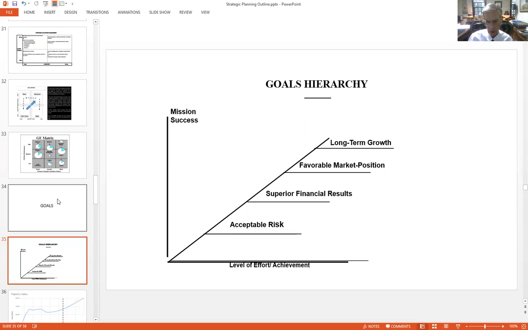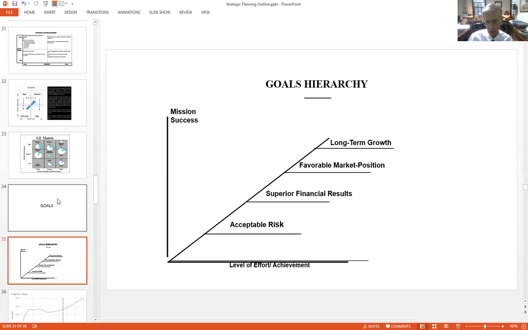If your risk is acceptable, the next level to place high priority on is gaining superior financial results. Does that mean you forget about your competitive position or trying to get favorable market position? No, it doesn't. But this does say that your highest priority, if your financial results aren't very good yet, is to get them good, because if you don't have good financial results and you launch an aggressive marketing program, you may run out of money, in which case you're going to have a problem, sort of like Helio Courier.